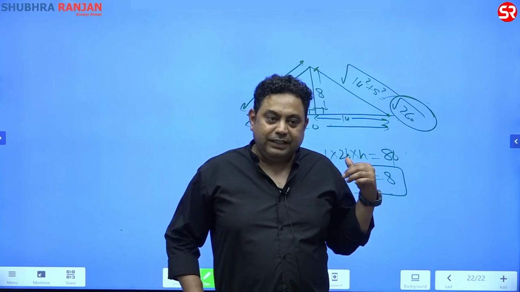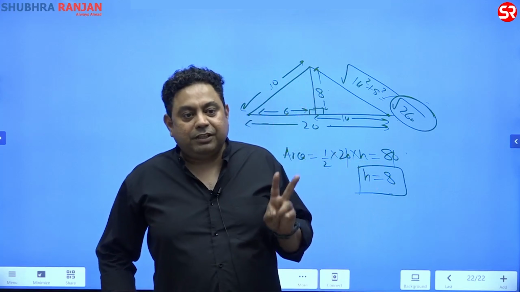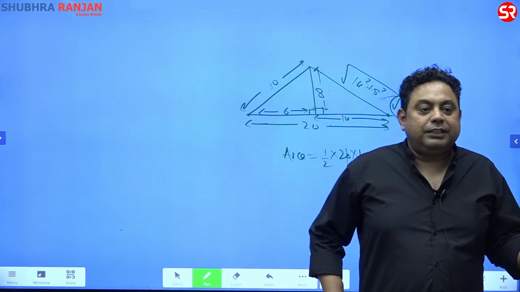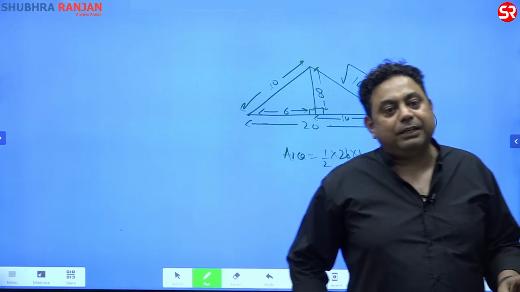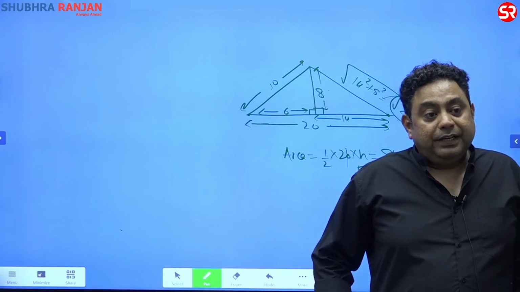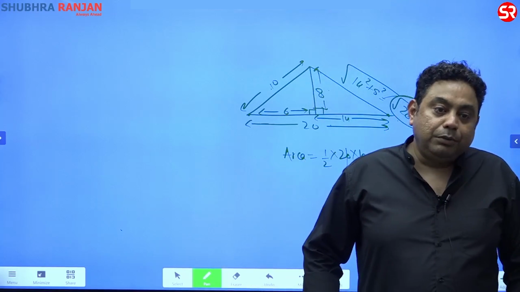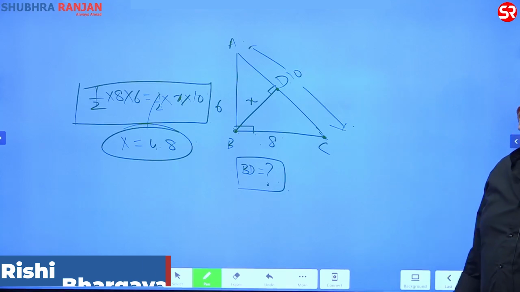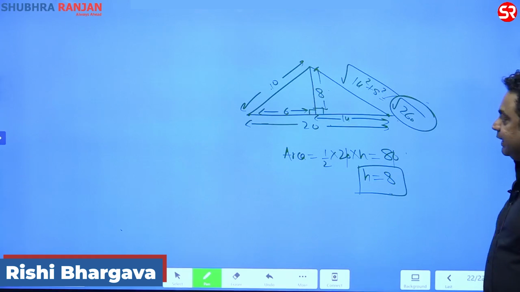Heron should not be applied in the reverse condition. Apply Pythagoras only. Pythagoras with Pythagorean triplet knowledge can be very easily set up. And third, keep in mind that you should be good at algebraic treatment of area. Alright? Algebraic treatment of area.